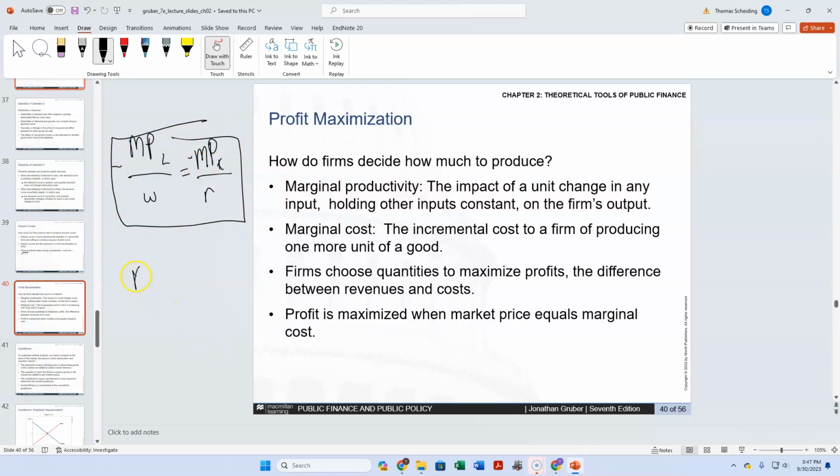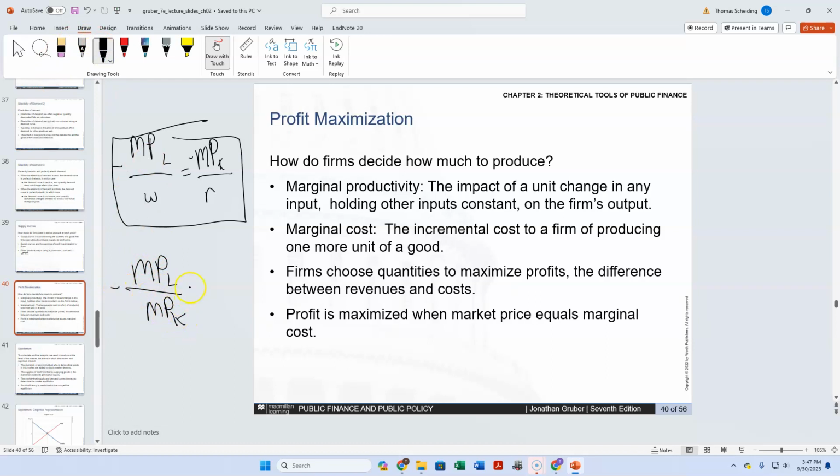Before we got to that point, we were talking about the slope of the isoquant being equal to the slope of our isocost line.